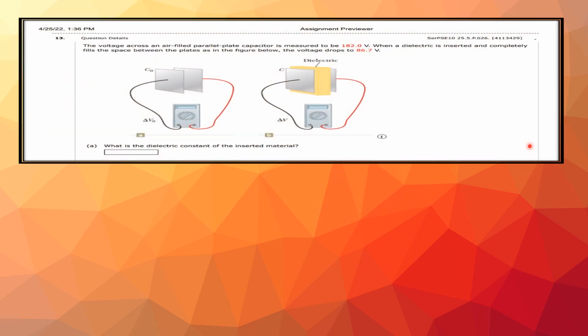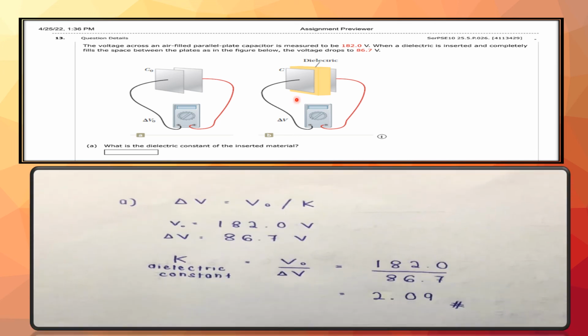Okay, the question is: the voltage across an air-filled parallel plate capacitor is measured to be 182 volts. When a dielectric is inserted and completely fills the space between the plates as in the figure below, the voltage drops to 86.7 volts.